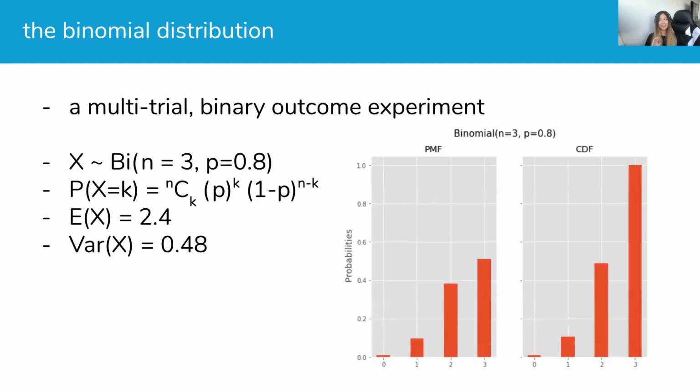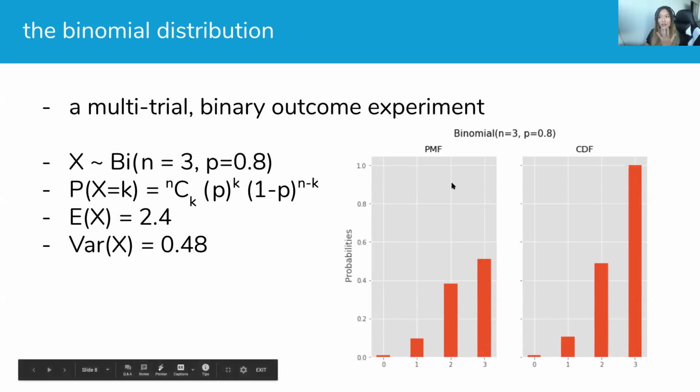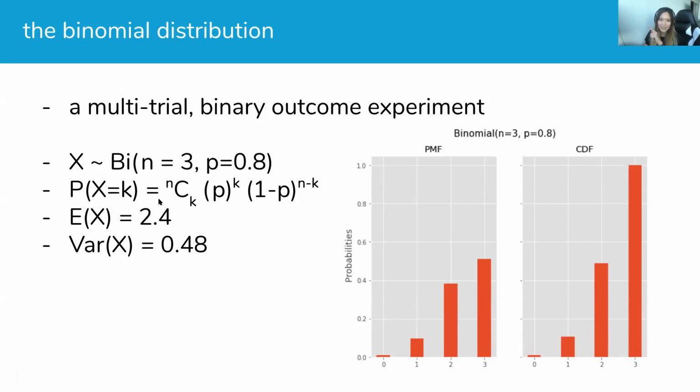The next one is the binomial distribution. The binomial distribution is a multi-trial binary outcome experiment. Again, you only have 2 possible outcomes, but the only addition here is multiple trials. As you can see here, X follows a binomial distribution, BI is short for binomial. The parameters that define the distribution are not just the probability of success, but also how many trials there are.